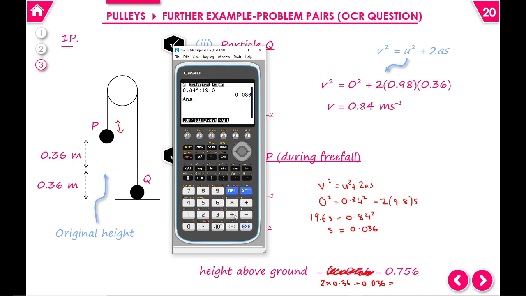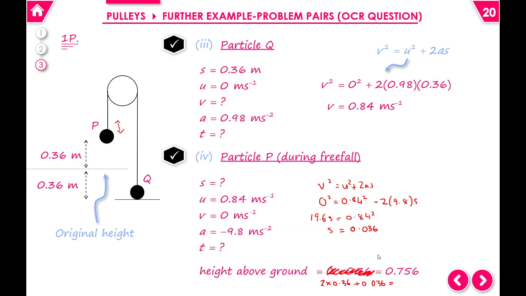And if I add those together, hopefully I get this answer here, which is correct. I just obviously messed around with the solution and somehow deleted it. So sorry, that's a little bit messy here. So the answer is 0.756. This calculation was wrong. If you didn't get that answer, the most likely thing is you forgot that it moved up an extra 0.36 meters.